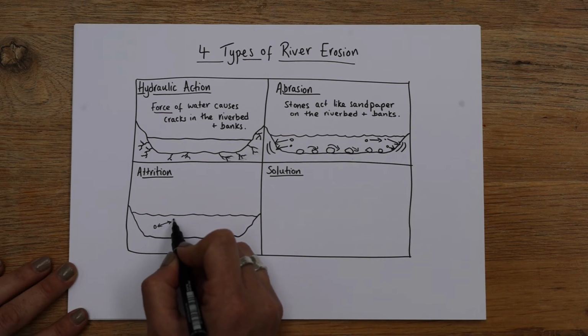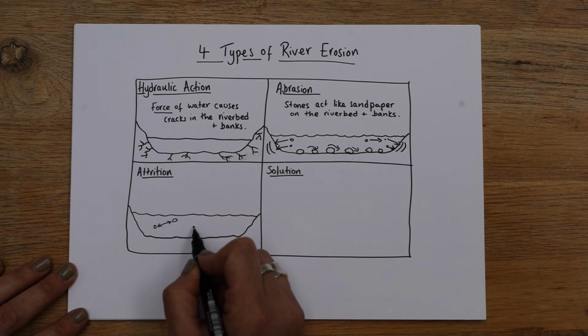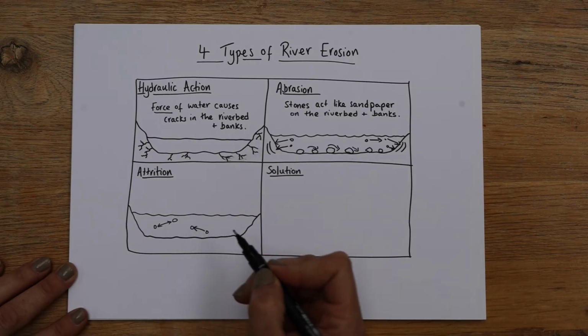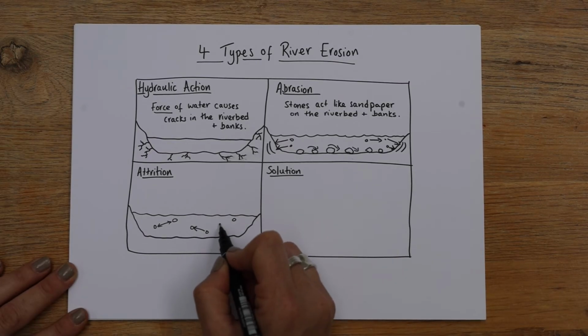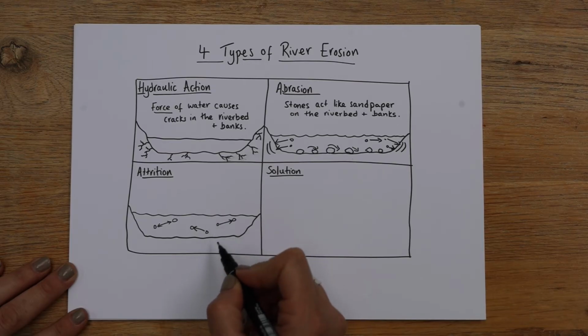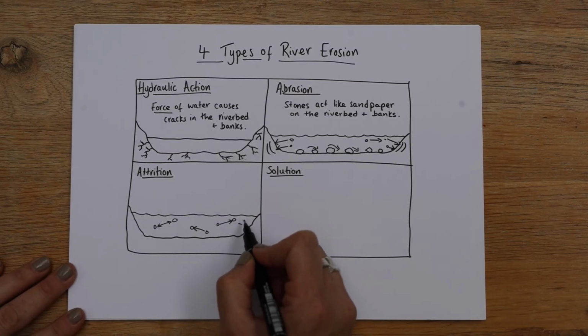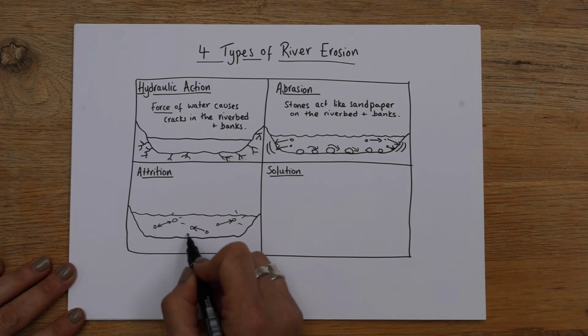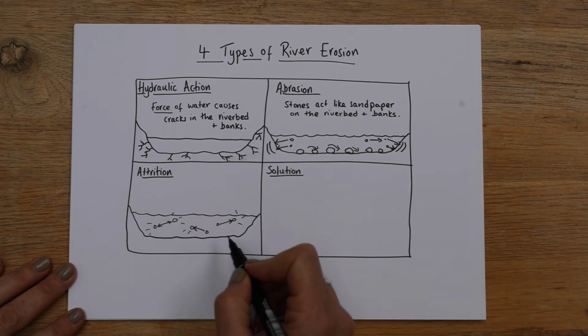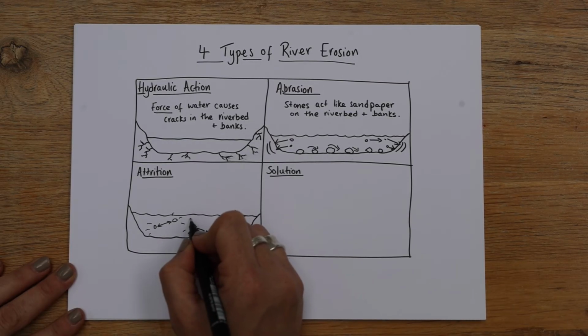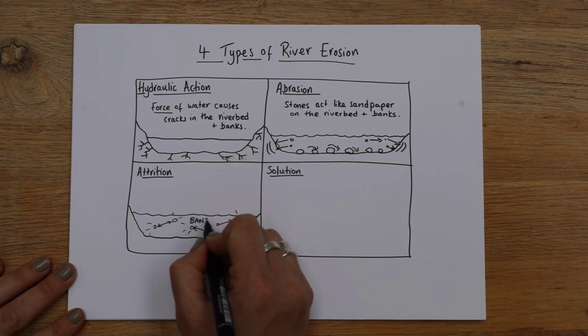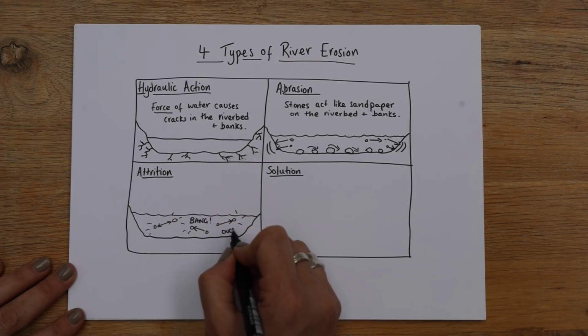This is where two pieces of material bash into each other. Basically, just draw some stones whacking into each other, like whoop. You can even write the word bang, ouch.